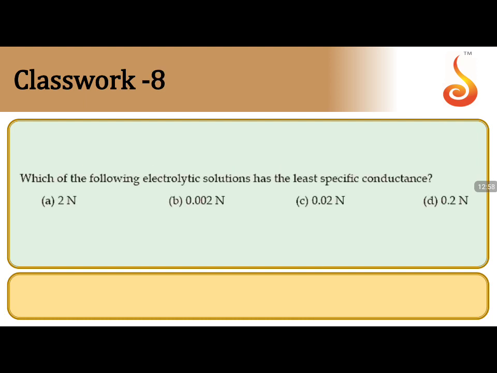Moving to question number 8. Which of the following electrolytic solutions have least specific conductance? Specific conductance, K, is taken as the condition. K is directly proportional to concentration. So if concentration is high, K will be high. Among all the options provided, the highest concentration is in option A. So option A has the highest K value.